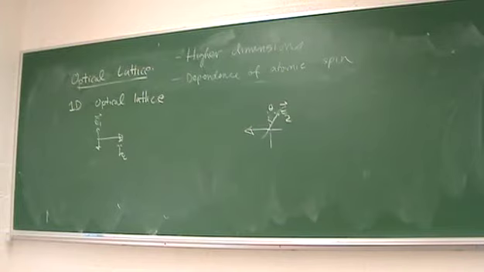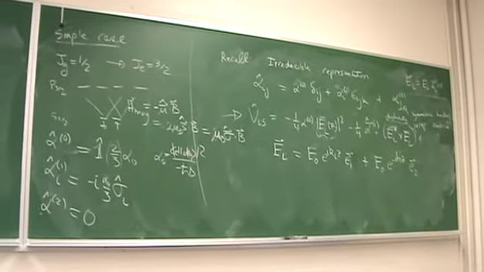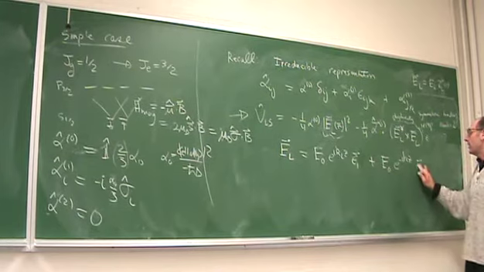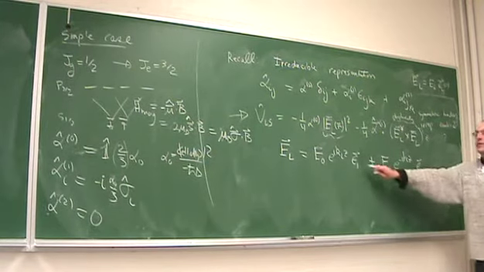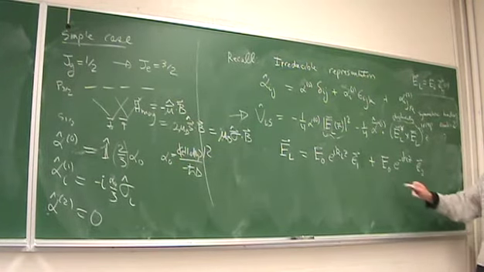So my laser field here is equal to E0 e to the ikz times vector E1 plus E0 e to the minus ikz E2. Right? Those are the two counterpropagating fields with two polarizations.